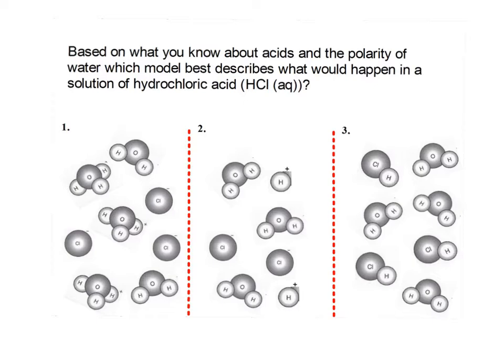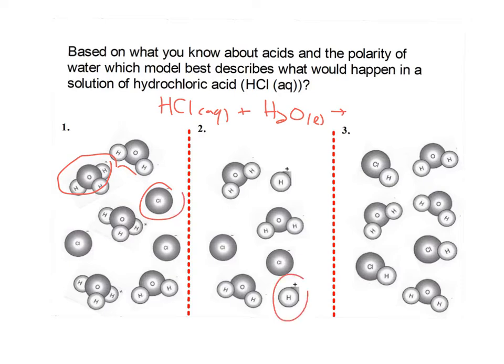Here there are three pictures, and we want to identify which one is the best description of what happens when we take hydrochloric acid and combine it with water. So we have one here where we have H3O+ ions, water, and Cl-.